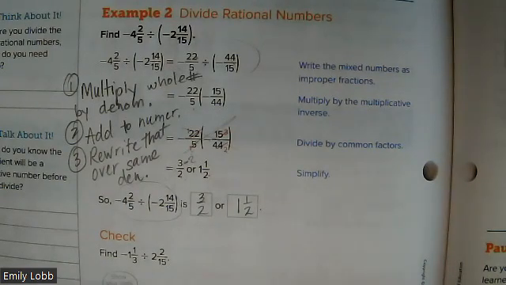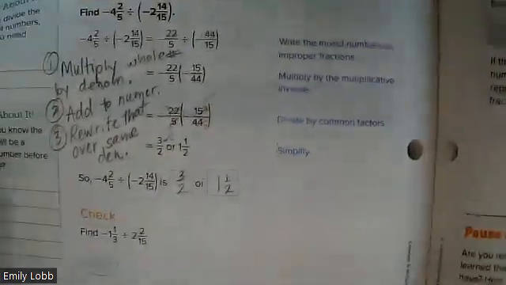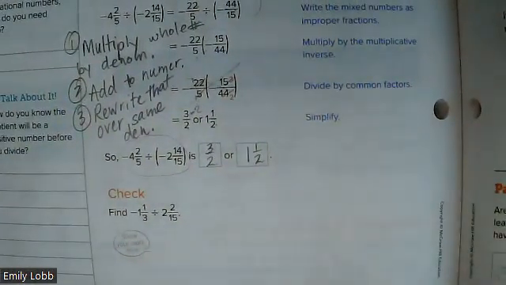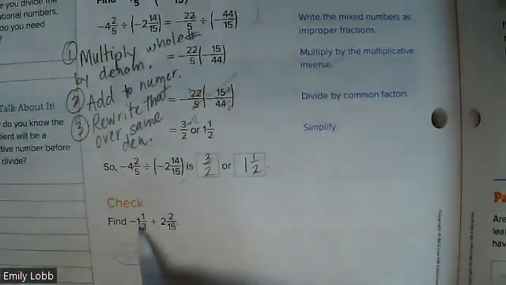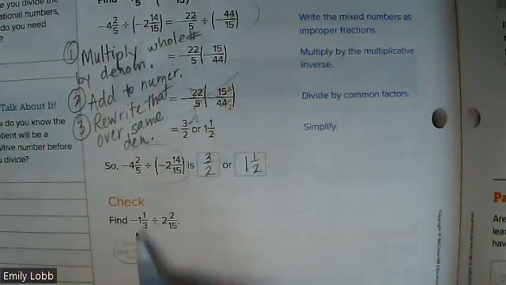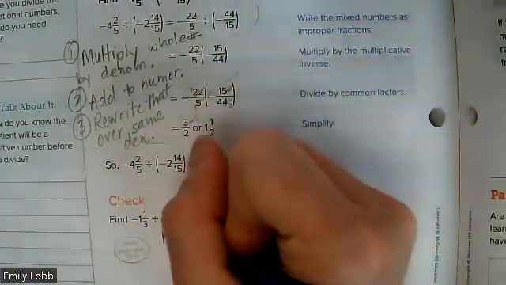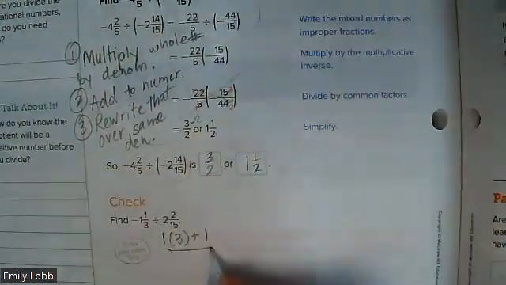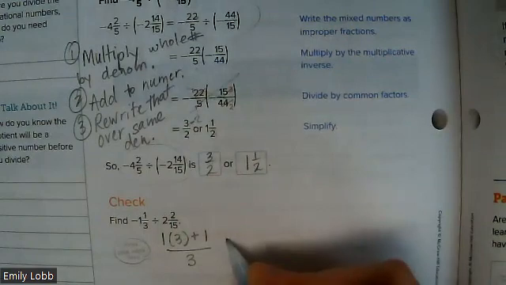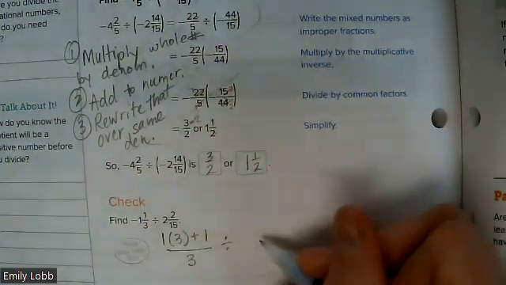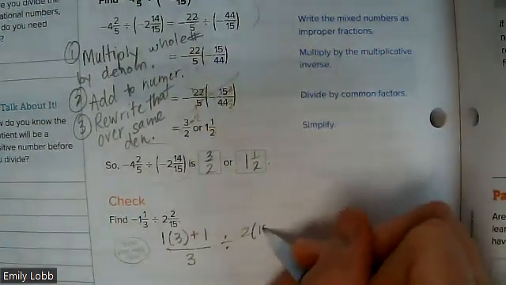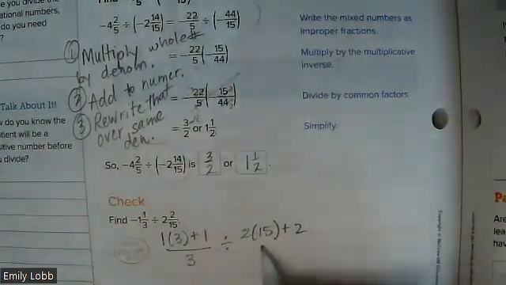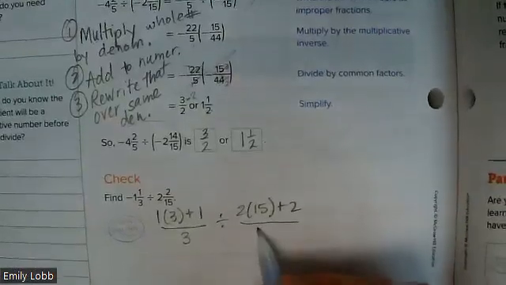So now it's your turn. Let's try this. We have to change to an improper fraction. Whole number times the denominator. So you're saying 1 times 3 plus 1 all over 3 is going to be divided by 2 times 15 plus 2, because that 2 is your numerator, all over 15.